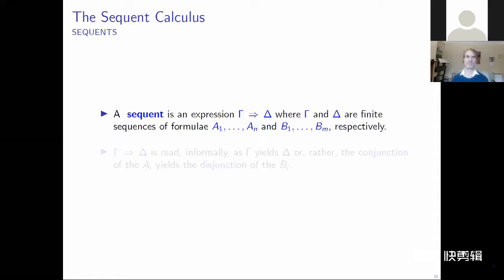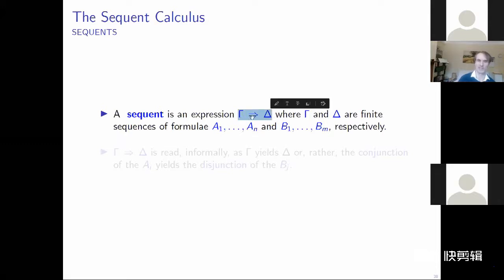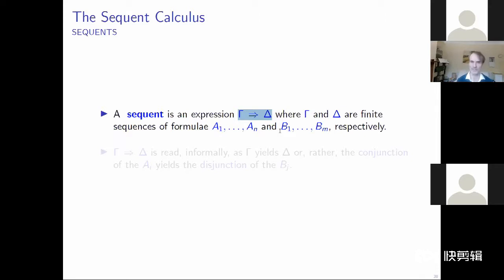Now, just very briefly, the main system invented by Gentzen, in which one develops proof theory, is the sequent calculus. Just to recall, here I'm using the two-sided sequent calculus. So we have two parts here separated by this arrow. Gamma and delta, uppercase Greek letters, range over finite sequences of formulas.